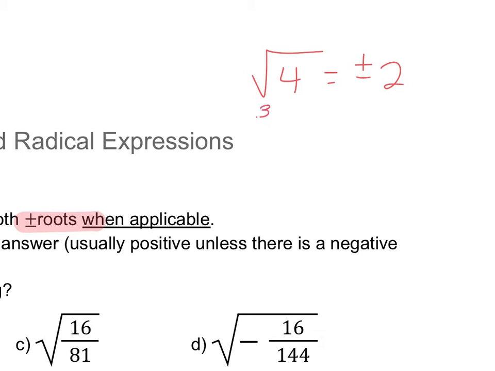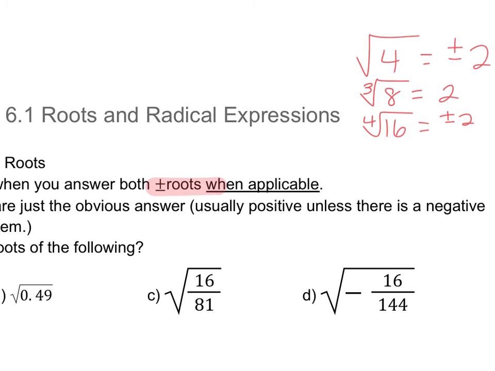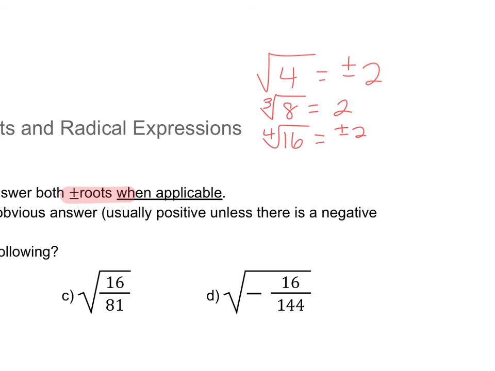Okay, what about the cube root of 8? Well, that's just 2. The fourth root of 16 is plus or minus 2. So whenever I say the plus or minus root when applicable, that's for the even roots.